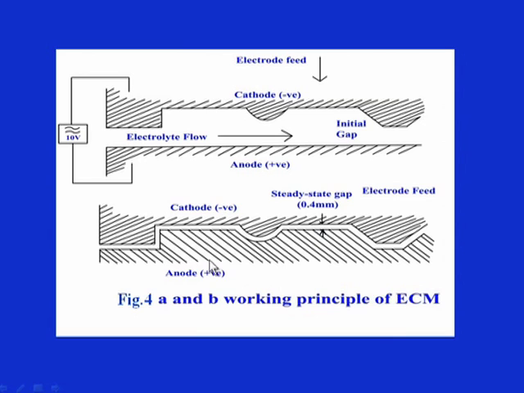And through this gap, the electrolyte will be kept flowing continuously, which will keep the connection between the power source, or you can say cathode and anode, alive, as well as take away the debris produced, which is nothing but the metal ions.